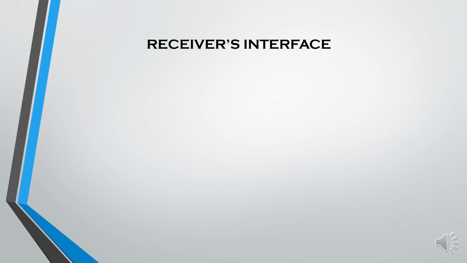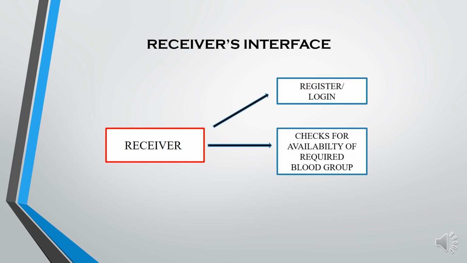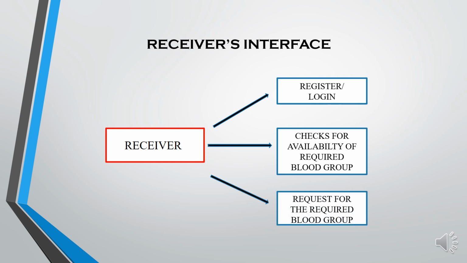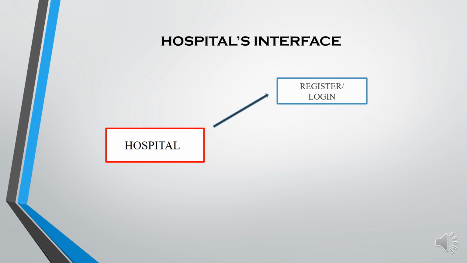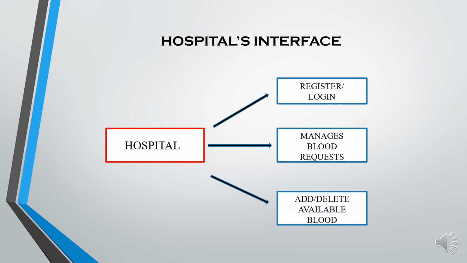The recipient or the receiver performs the following activities: register or login, check for the availability of the required blood group, and request the required blood group. The hospitals do the following activities: register or log in, manage the blood requests, add or delete available blood.